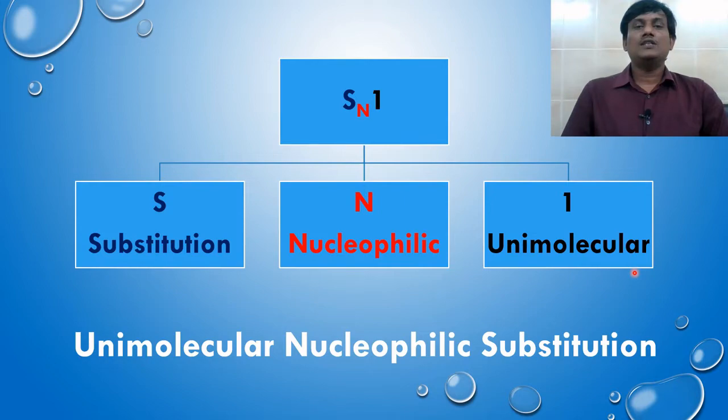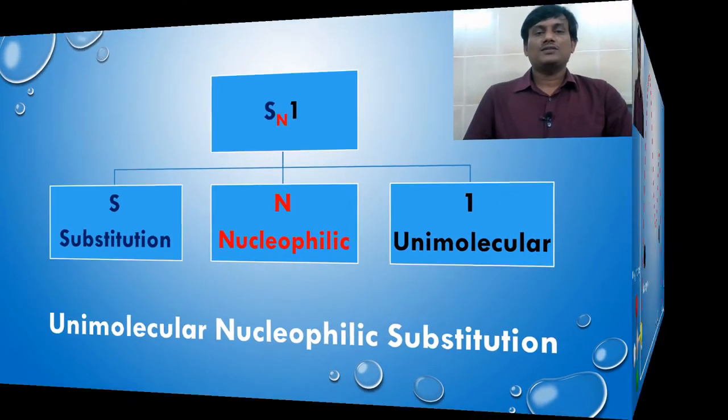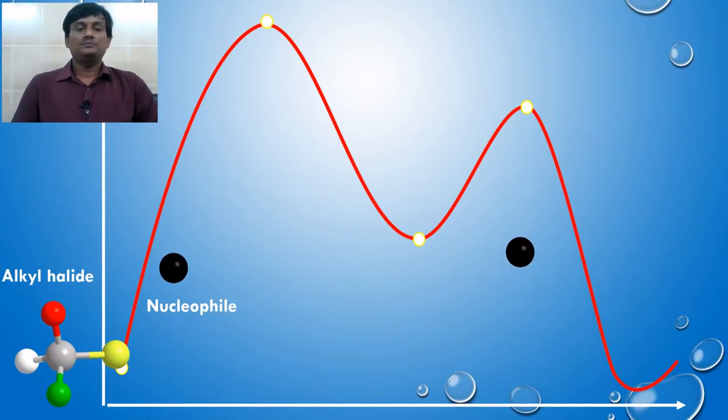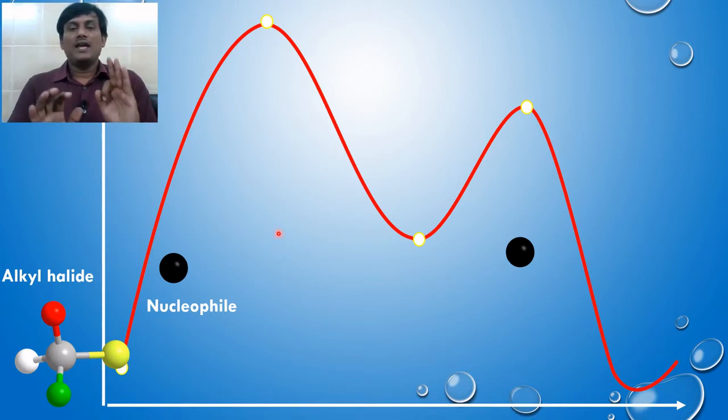If you take the energy profile diagram of SN1 reaction, you can find energy minima and energy maxima. This one is an energy minimum, this one is an energy maximum, and this one is an energy minimum. So in this diagram, we have 3 energy minima and 2 energy maxima.